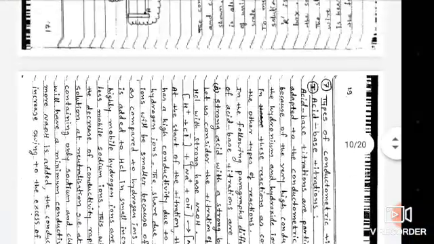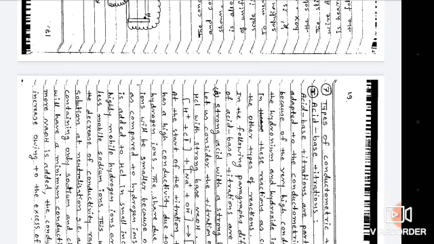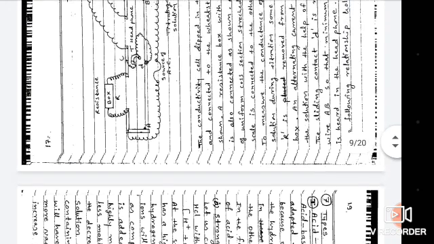Let me once again repeat what conductometric titration is. Conductometric titration is the titration used to measure the conductivity of the solution by using the apparatus conductometer.